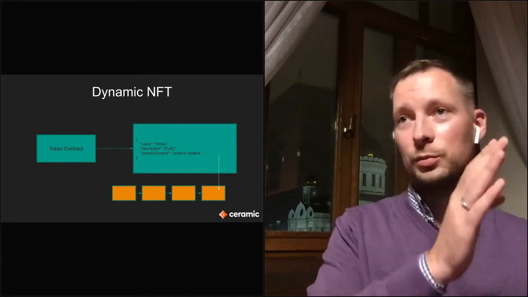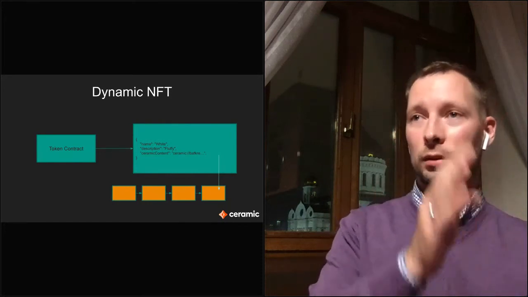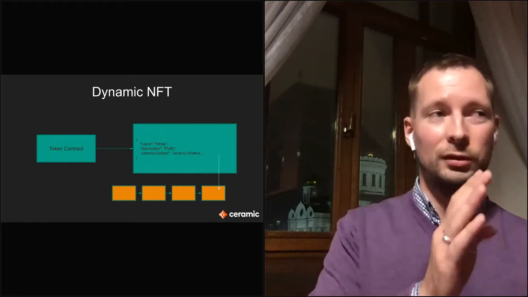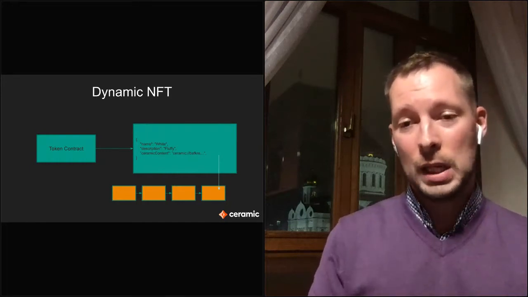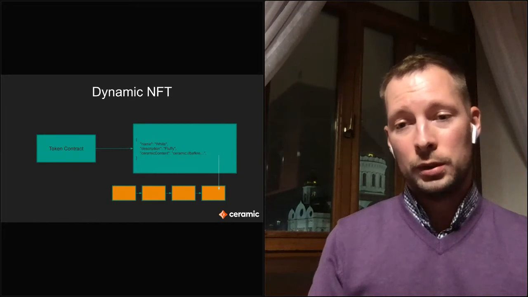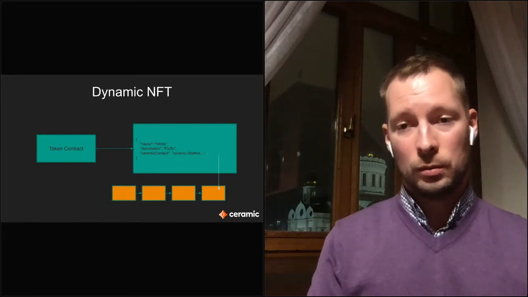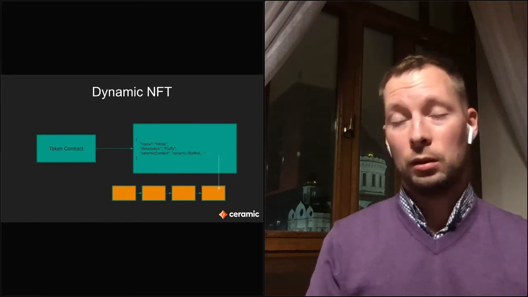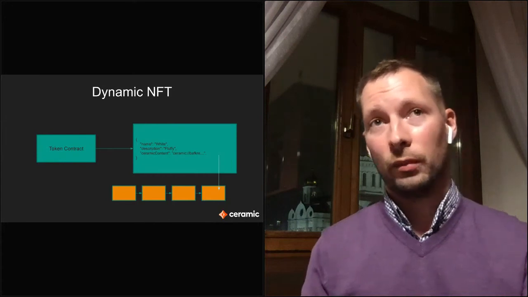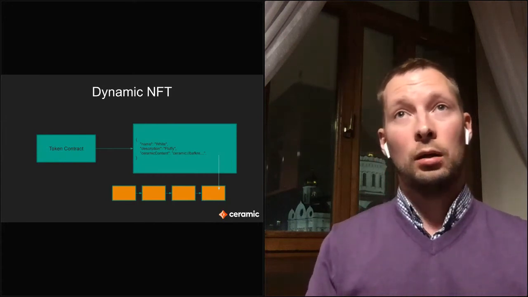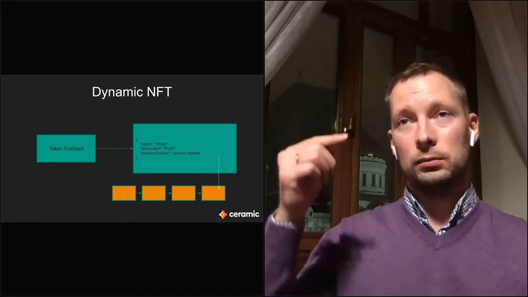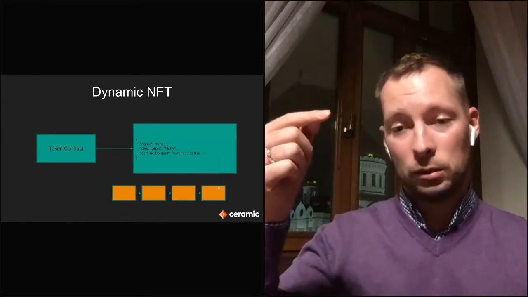So this person is an owner, so this person's signature is valid. And yes, right now we use Ethereum as the single anchoring blockchain. Different networks like Rinkeby, Ropsten, Mainnet.